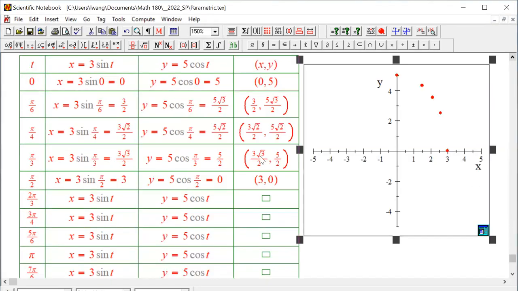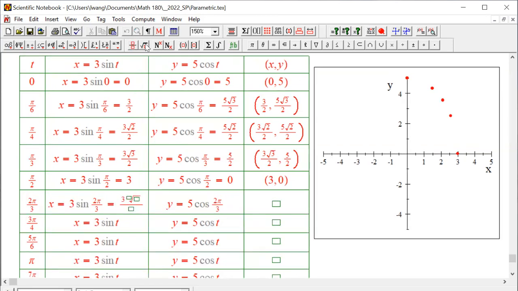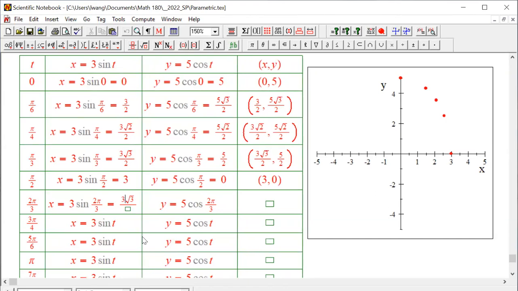All right, so we already have a glimpse of what we are getting. The next is that we have the patience to finish the calculation. Okay, so let's do it together. This will give you the experience. Sine 2 pi over 3: what is it? It's root 3 over 2, right? So 3 times root 3 over 2.